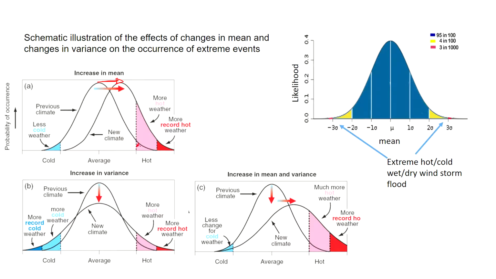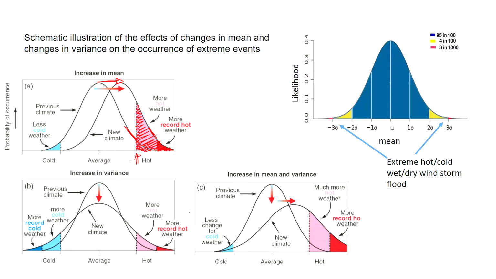So what was a low probability of exceeding this temperature, if we shift the mean just a small amount, because of the sloped nature of this distribution, as we move this edge of the distribution towards warmer temperatures, the actual likelihood of exceeding that extreme warm threshold temperature is drastically increased.